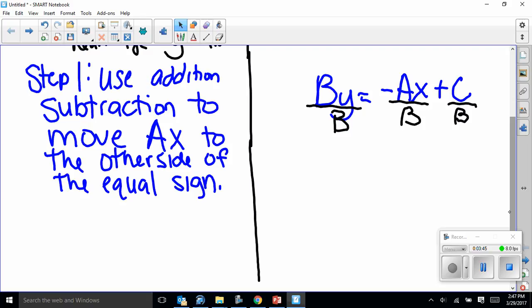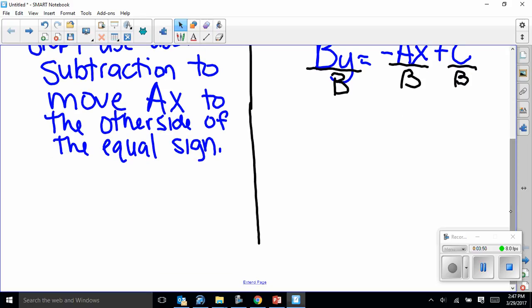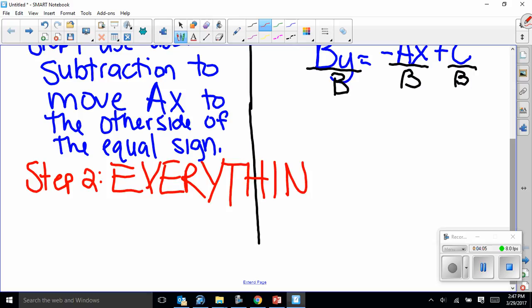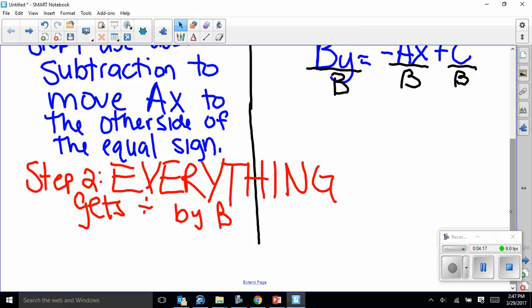So step number 2: everything gets divided by b. Whatever b is, everything gets divided by it.